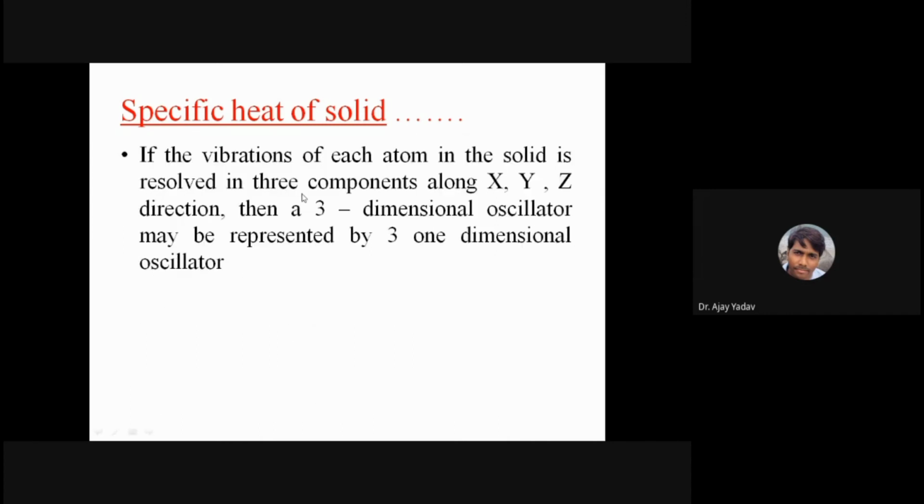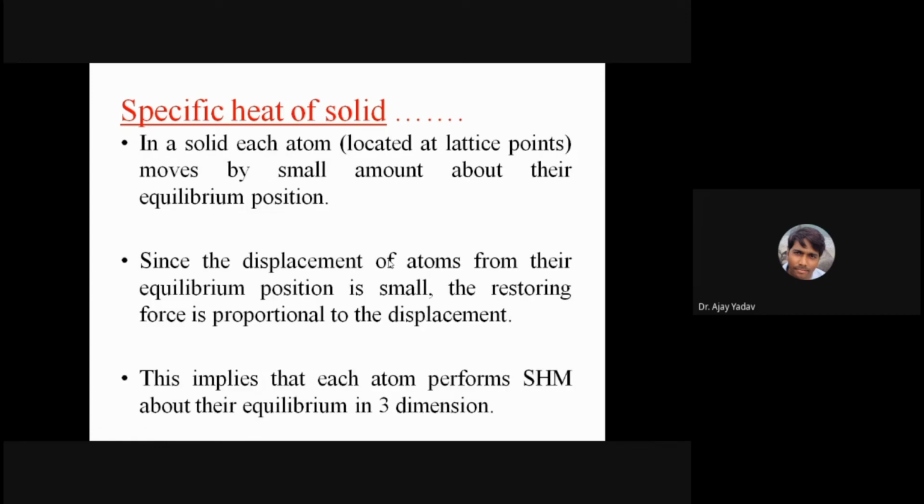Now, if the vibrations of each atom in the solid are resolved into three components along x, y, z, then a three-dimensional oscillator can be represented by three one-dimensional oscillators. So instead of taking one three-dimensional oscillator, if you can resolve its movement along x only, you take one oscillator along y, another oscillator along z, a third oscillator.